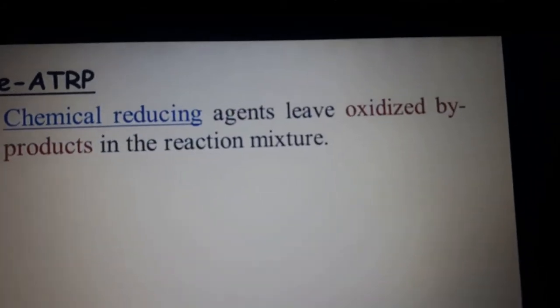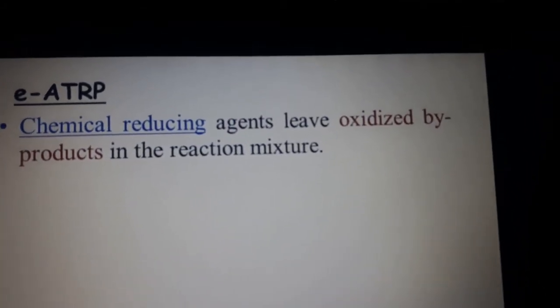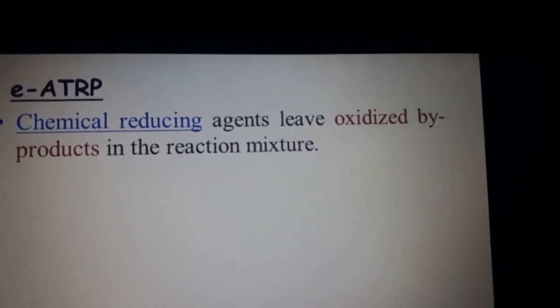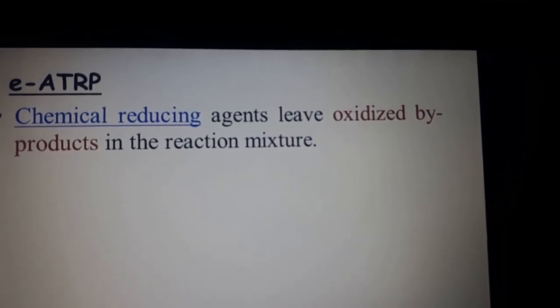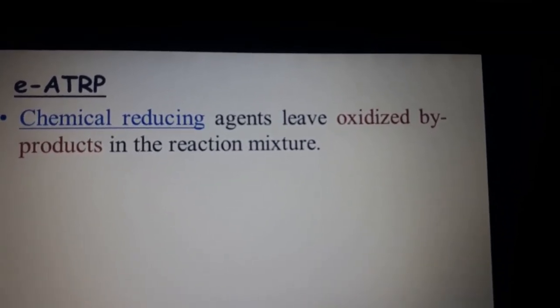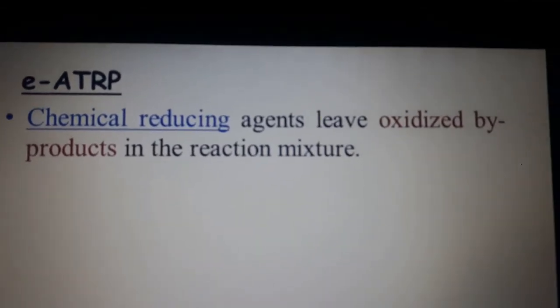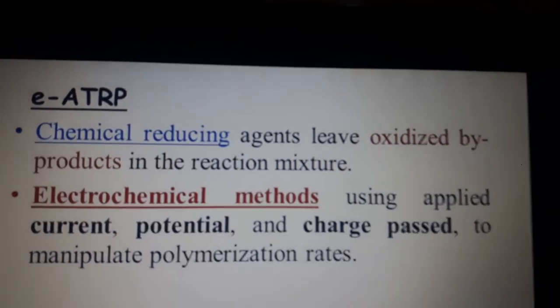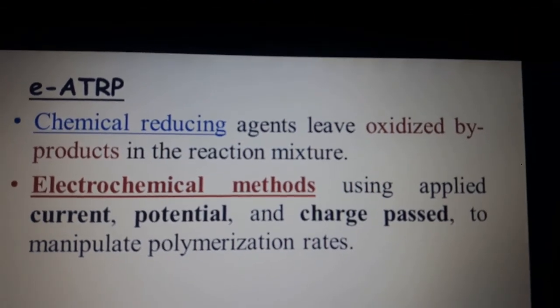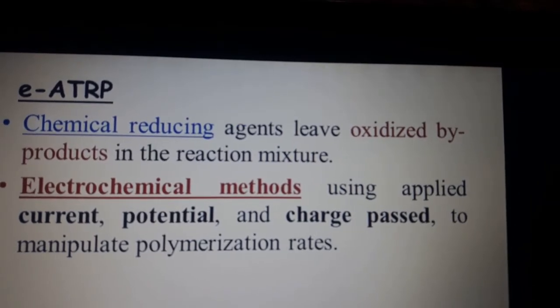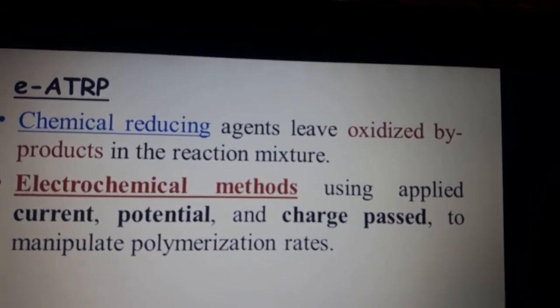Now the important topic is electrochemical ATRP. There are several drawbacks of chemical reducing agents: they produce toxic chemicals, or they leave behind oxidized byproduct in the reaction mixture. So for that reason we are carrying out electrochemical methods using applied current, potential or charge to control the polymerization rate.